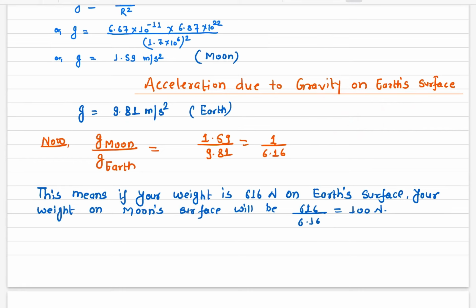Whatever the number comes out to, that will be your weight on the moon surface. Remember, what we measure is the weight, not the mass. Whatever you measure, the mass will be a constant quantity. Mass does not change. What we measure is the weight. So the weight will change, not the mass.